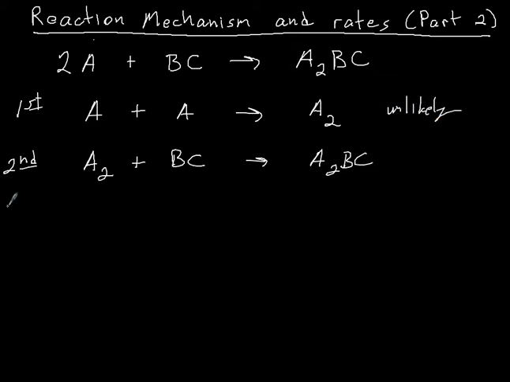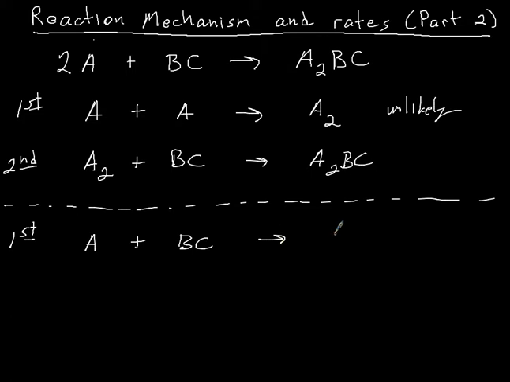So let's propose a different mechanism. A second possibility for this reaction might be that one of the A particles combines with the BC particle, and that produces the intermediate ABC.